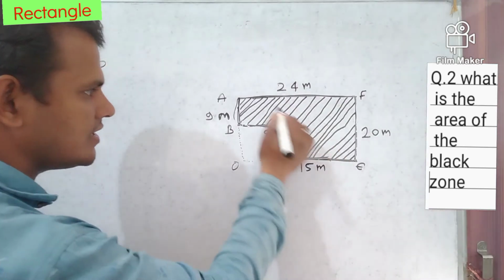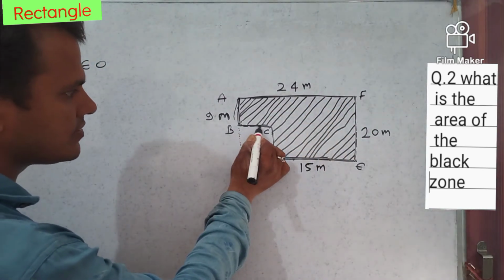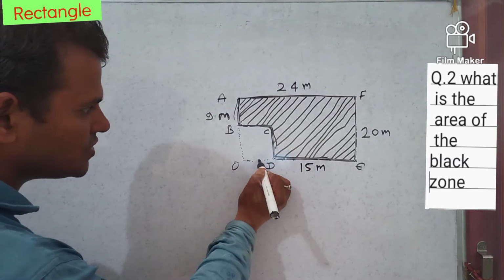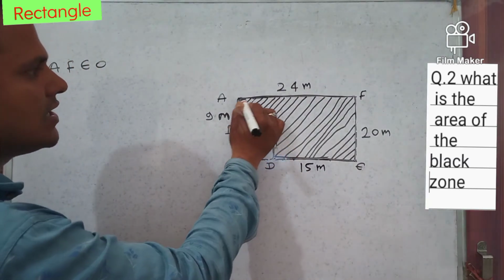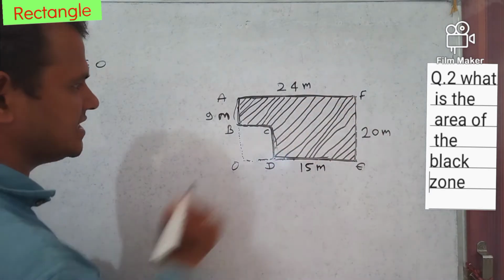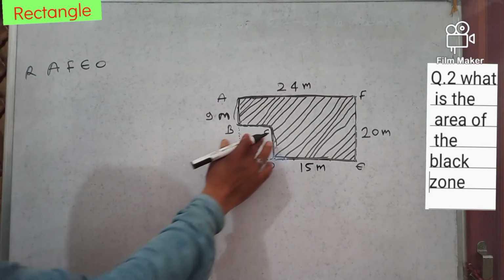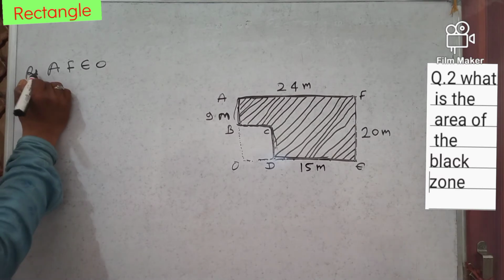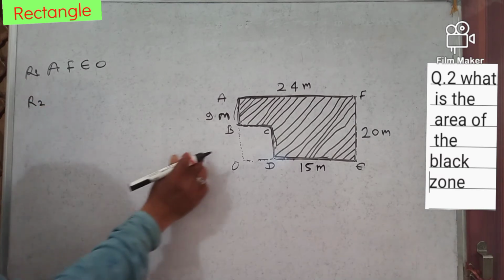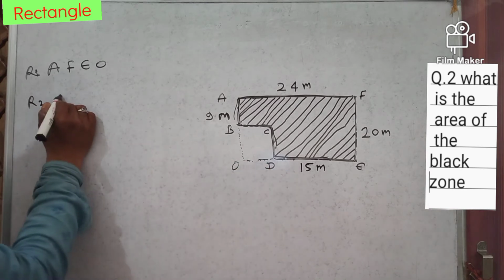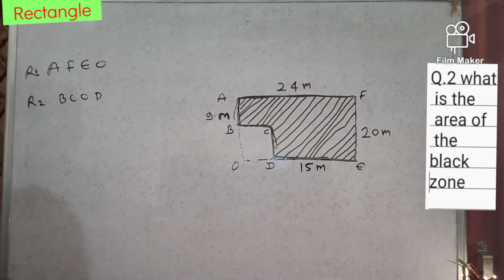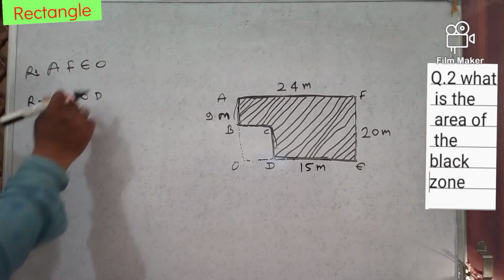The total area is a rectangle, and this part is also a rectangle. The total length is given as 24 centimeters. This is another rectangle, so rectangle 1 and rectangle 2, BCOD.